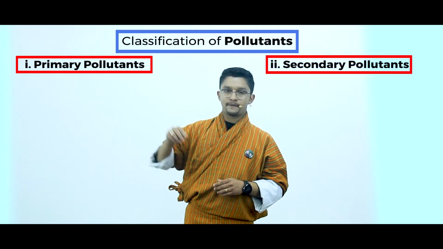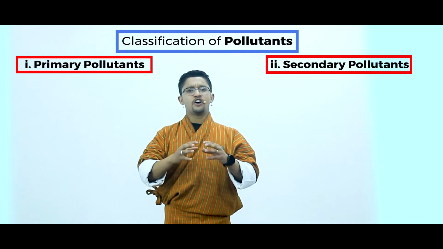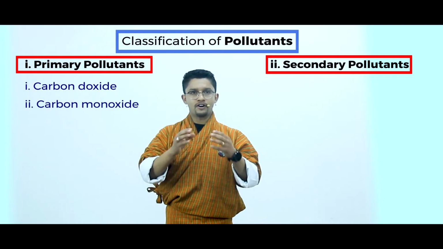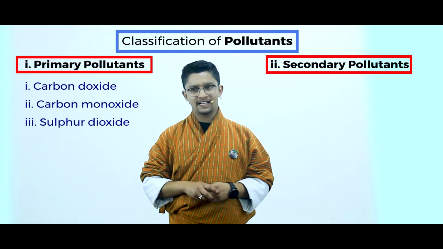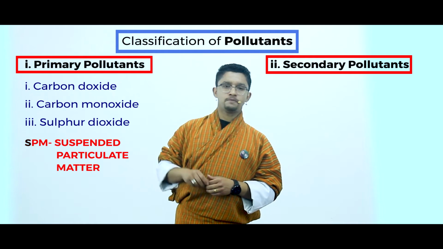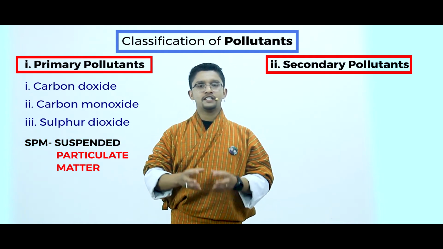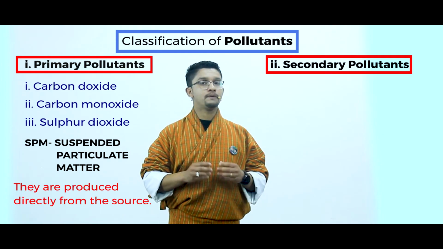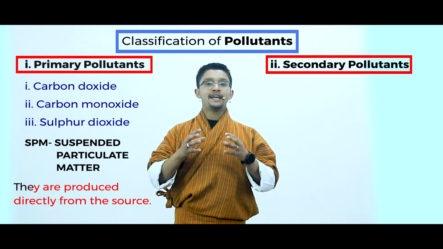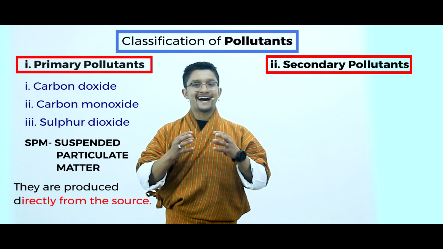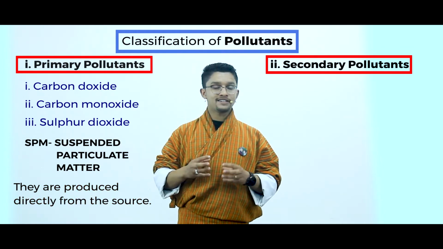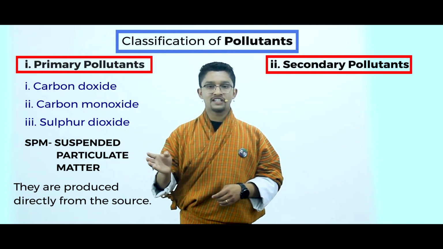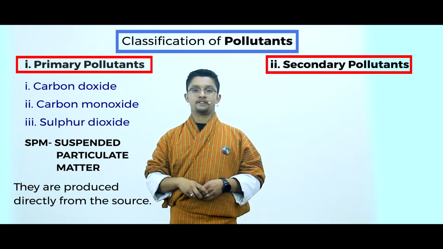So if you look at the primary pollutants, these are normal gases like carbon dioxide, carbon monoxide, sulfur dioxide, or we can say SPM, which is suspended particulate matters. We call them primary pollutants because they are produced directly from the source. Once they are produced by the source, they begin to act as a pollutant, causing different effect on the environment.